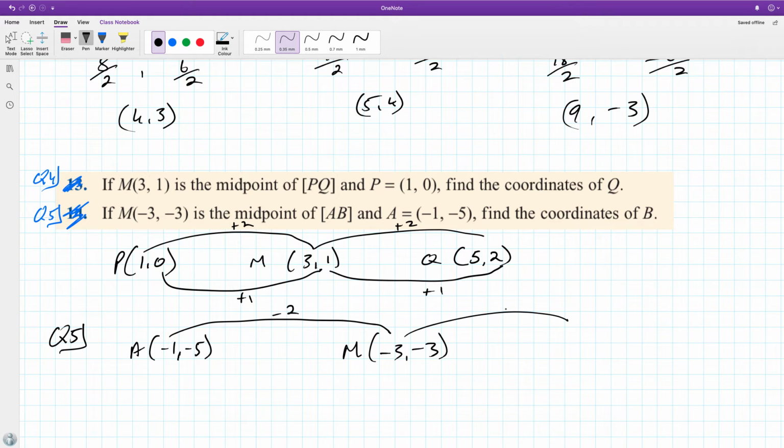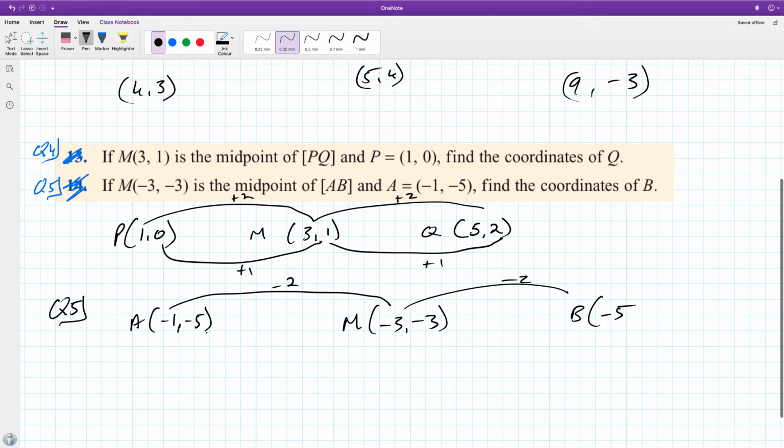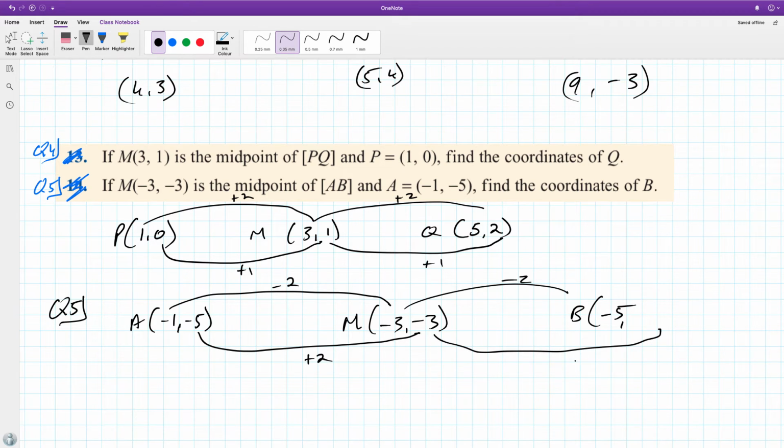So we're going back another minus 2. What's the first point of B going to be? Minus 5, exactly. The jump from minus 5 to minus 3? Plus 2. So what's the jump from minus 3 to the next one going to be? Which is? Minus 1. Alright. Good stuff. Get your head around that is good. Right, next little bit.